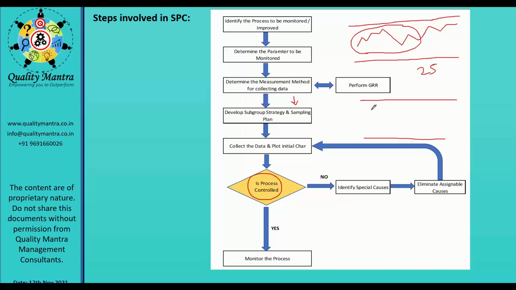For example, now you tell me. This control chart is going like this. Now, is there any special cause present? In this chart, any special cause present? Yes, sir. Which special cause is present here?